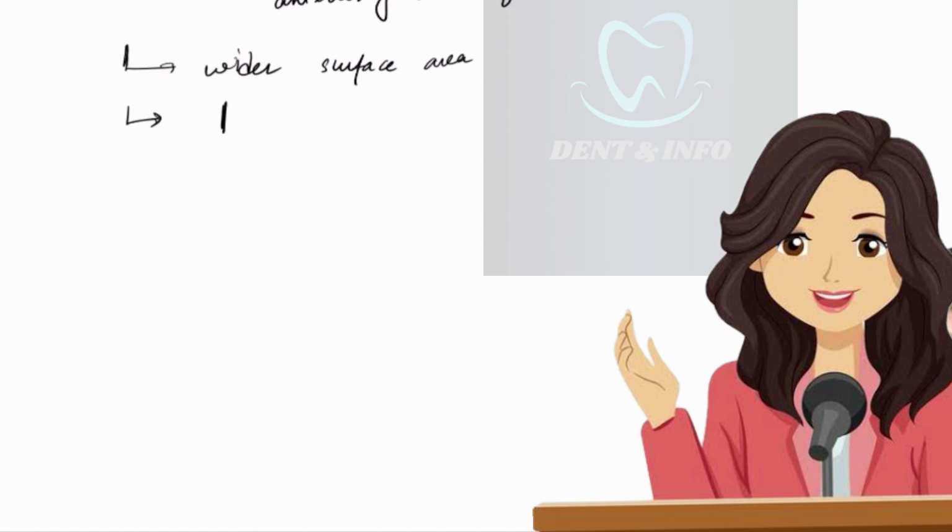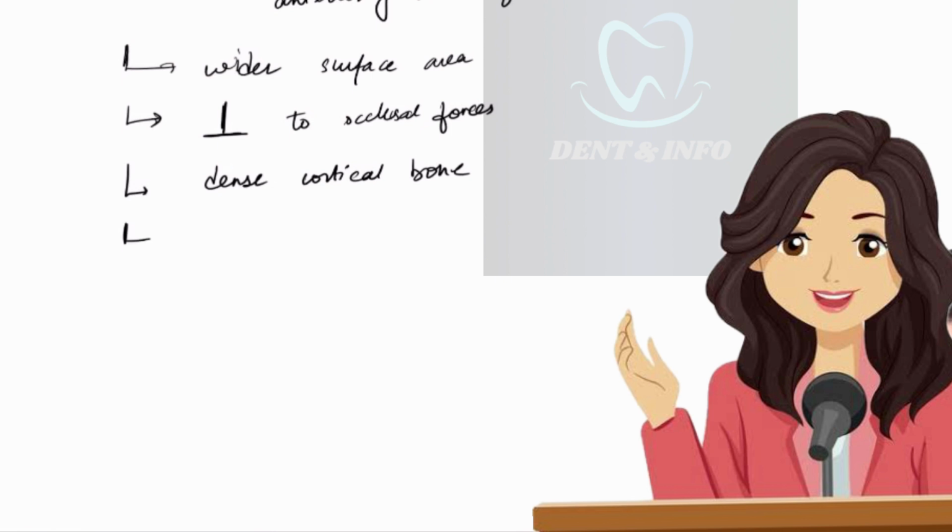Second, it is located perpendicular to occlusal forces. Third is dense cortical bone. The superficial layer has a good dense cortical bone present on the buccal shelf area.